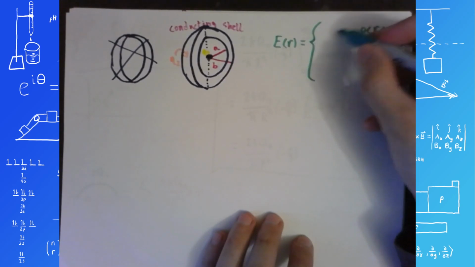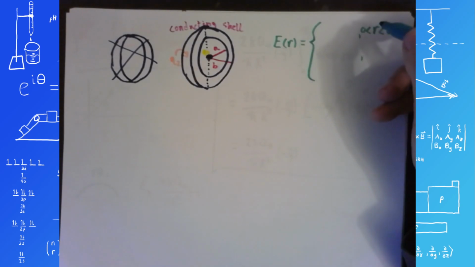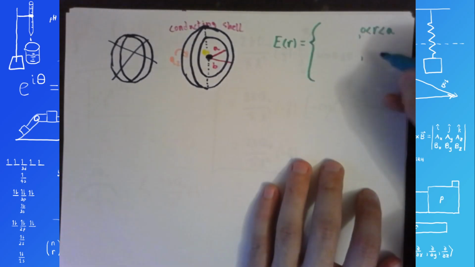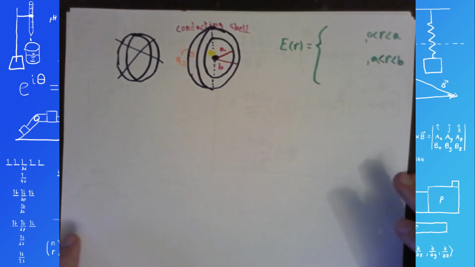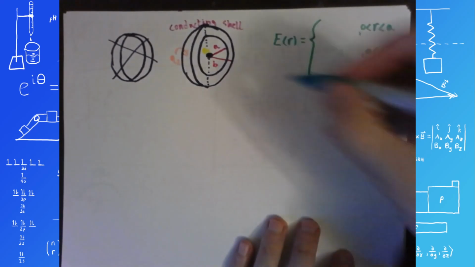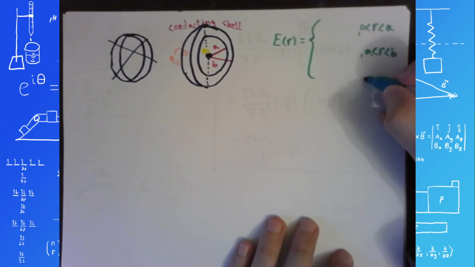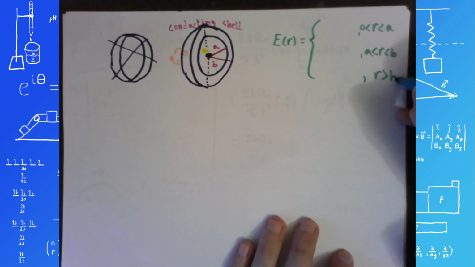I doubt this is enough room to actually write what the function is going to look like, but we'll see. And our second region of interest is from A to B, so r from A to B. And our third region of interest is anything outside of the shell, so any place where r is greater than b.